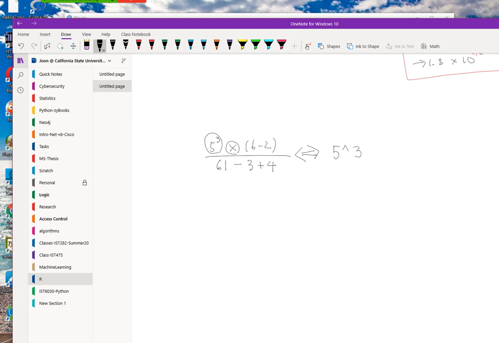Then this is the multiplication, and then 6 minus 2, and divided.